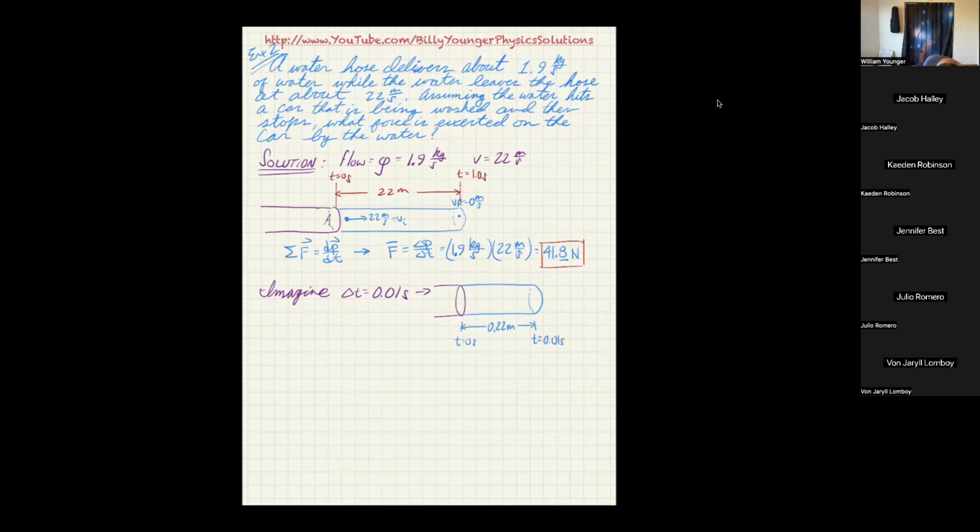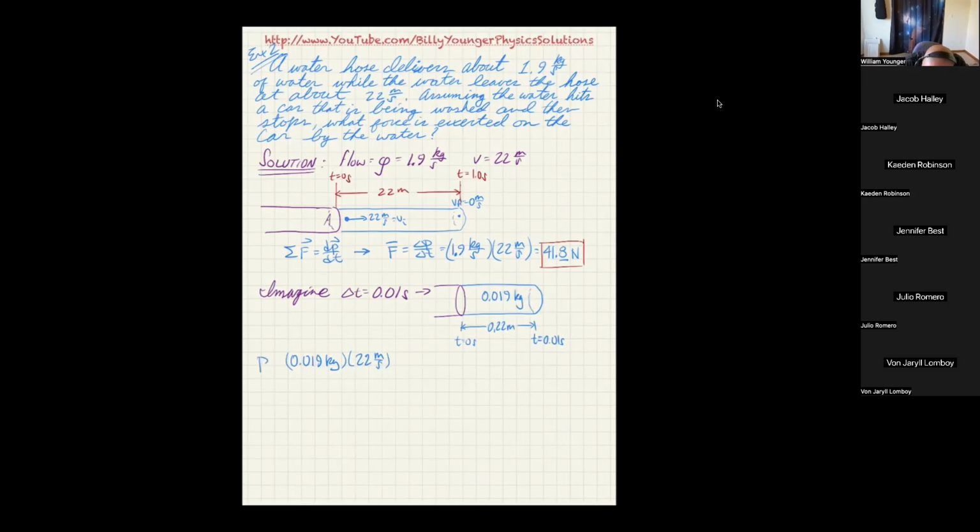With that in mind, this is 0.019 kilograms of water. And during that time period, we're basically going to take 0.019 kilograms of water, and that was going at a velocity of 22 meters per second.